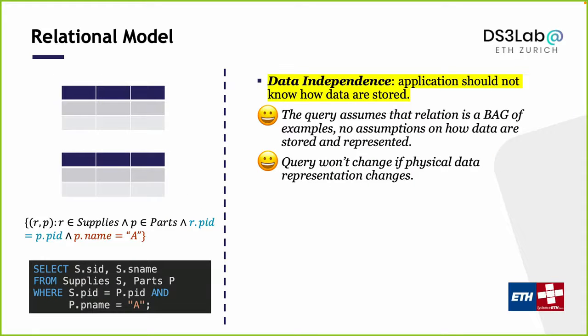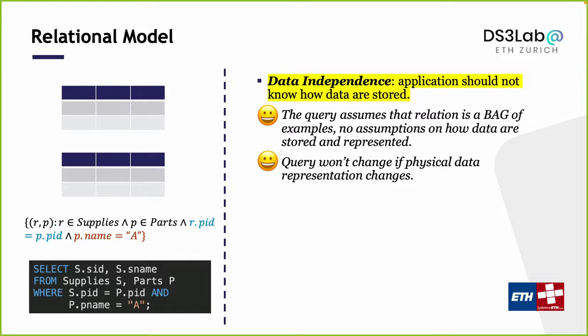If you think about why we like this, let's go to the first property: data independence. Our query language assumes the relation is a set or bag of tuples. I don't know how they are stored. I don't know what the first tuple in this relation is, or the second tuple. All I know is there is a set of tuples being stored in some way on my disk.